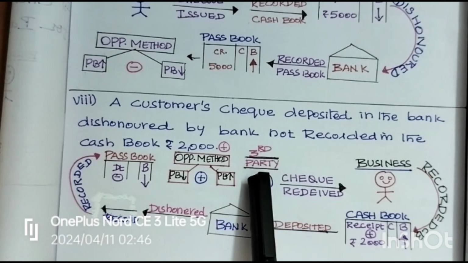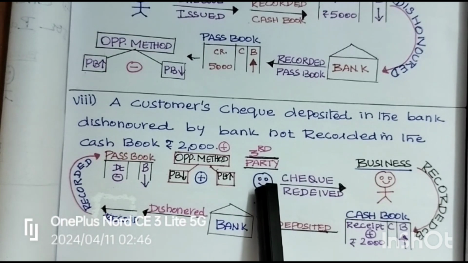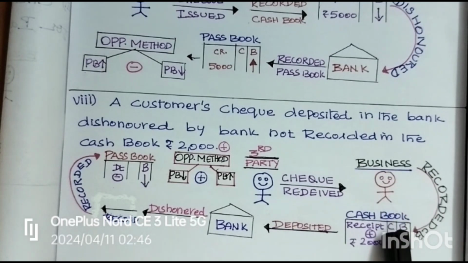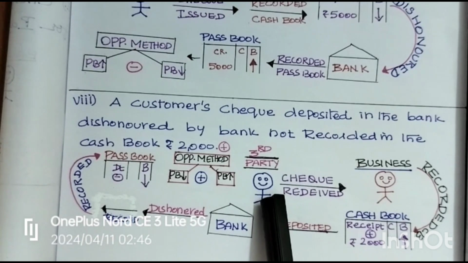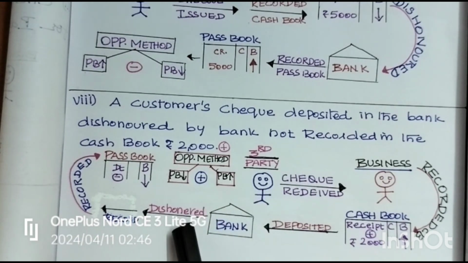You received the check from the third party, and after recording it in your cash book, you deposited that check into the bank. On due date, that third party had not maintained a sufficient amount in his bank account, so that deposited check was dishonored.